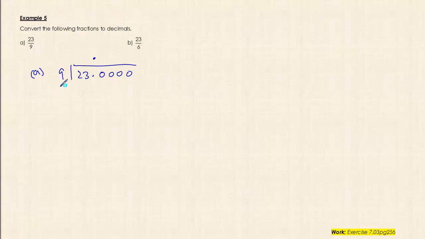So 9's don't go into 2, 9's go into 23 twice, and leave a remainder of 5. 9's go into 50 5 times, leaving a remainder of 5. And we can see that this is just going to carry on forever, so this must just be 2.5 recurring.